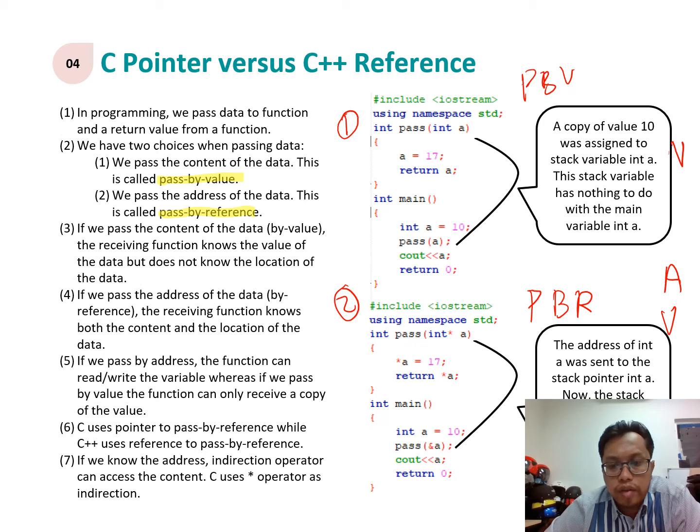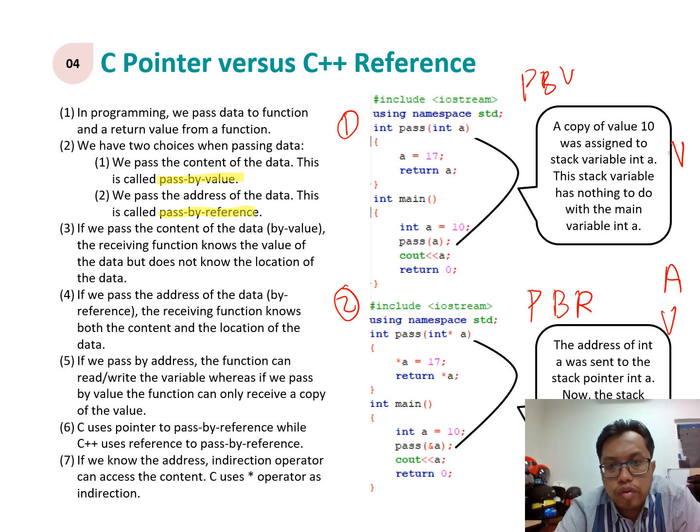So in this example, if you run this program, you just pass a copy of the value of a into this function pass. In this function pass you try to amend the value of a to 17. Then when you print out the value of a here, it doesn't have any effect.